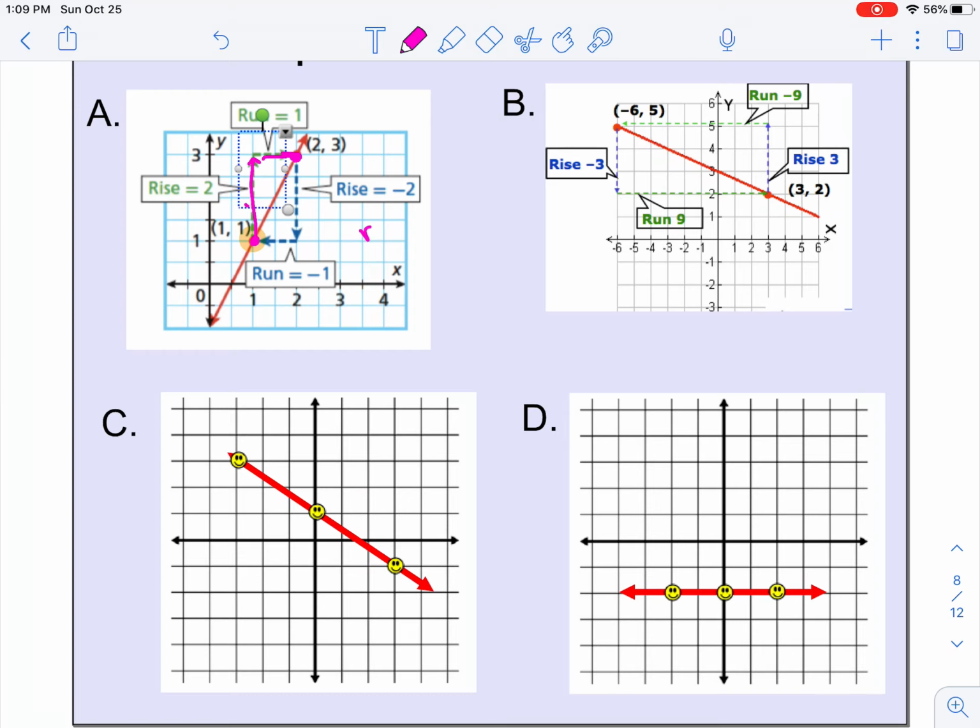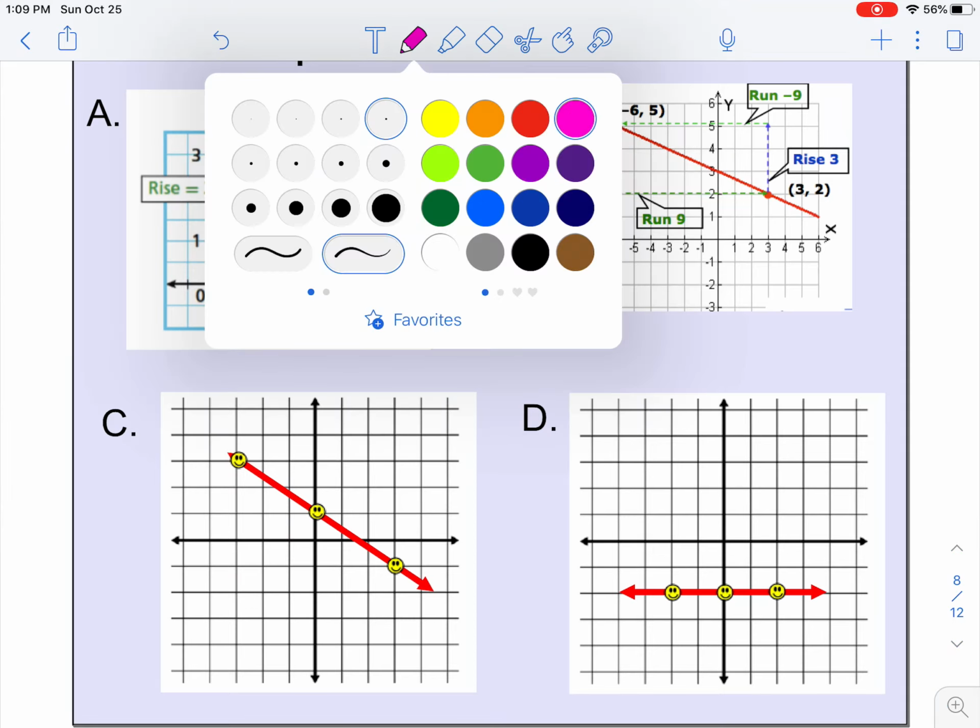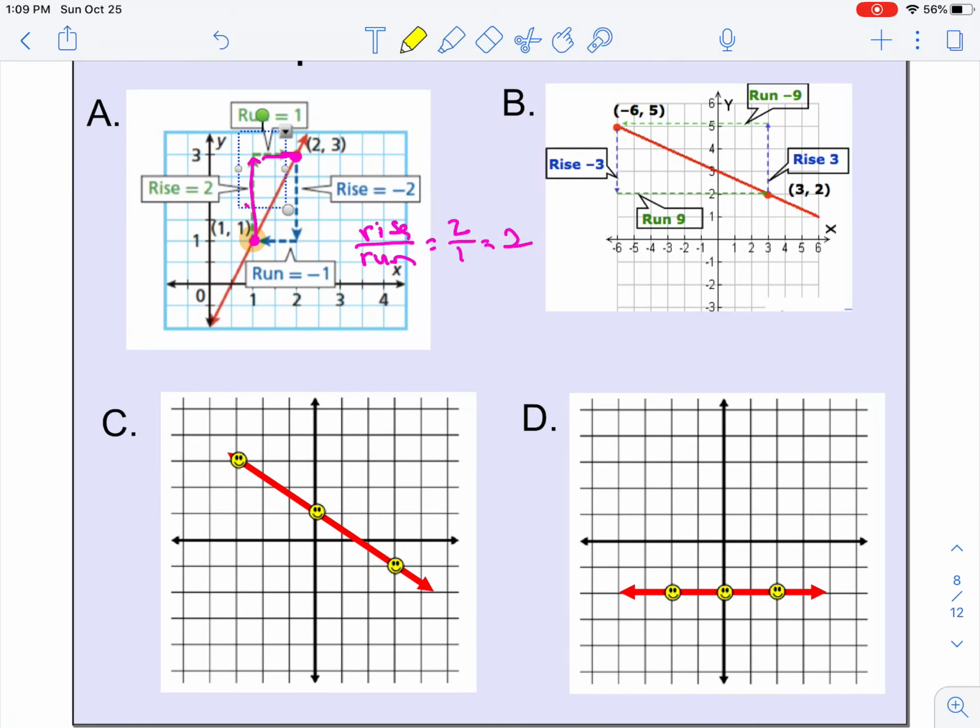So our slope is rise over run, and so it is 2 over 1, which is equal to 2. Now, if you're counting the spaces, you're counting 1, 2, 3, 4. So when you're counting the spaces, you get 4 over 2, which is the same as 2 over 1. So it works out the same.